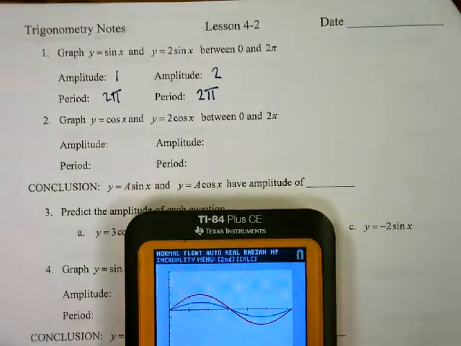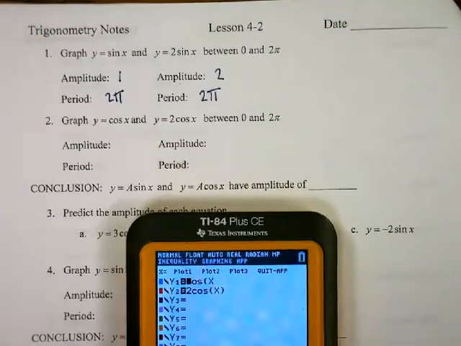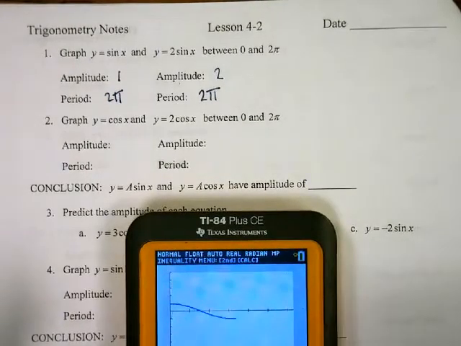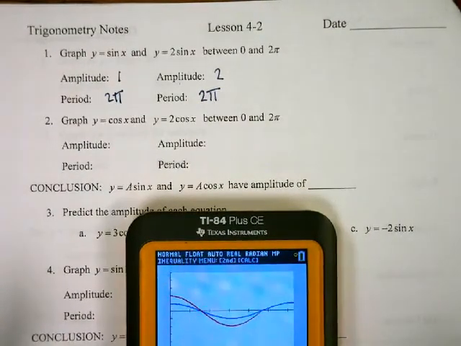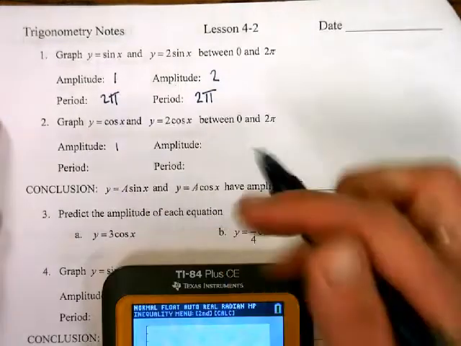Okay, so let's see what happens when we change it to cosine. So there's the original cosine. There's 2 times the cosine, right? So my amplitude here is 1 for cosine of x.